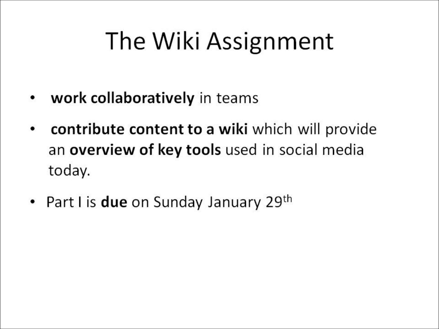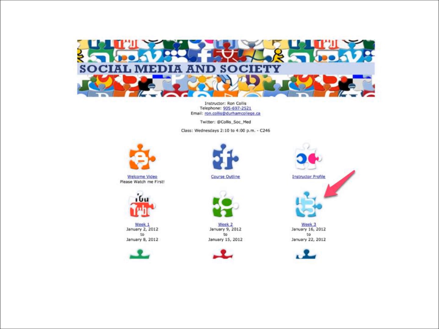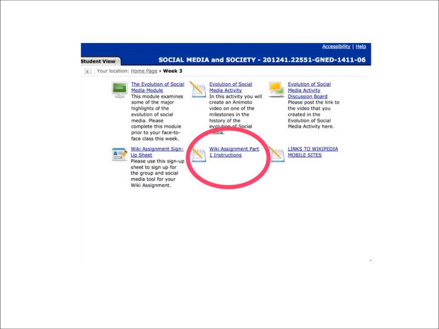Part 1 of this assignment is due on Sunday, January 29th. Details about this assignment are described on WebCT in the Week 3 folder in a file titled Wiki Assignment Part 1 Instructions.